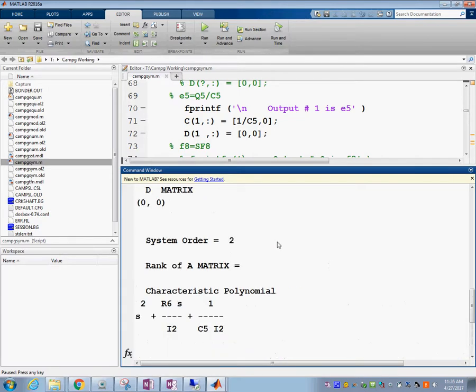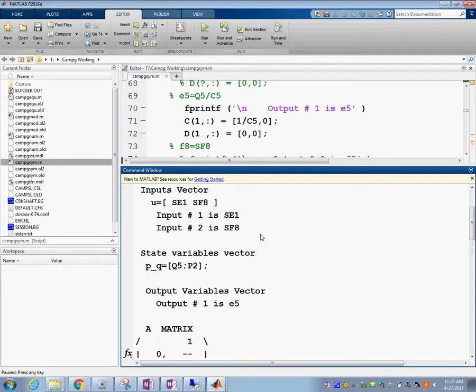Let me show you here. The computer program is telling you input number 1 is SE1 and input 2 is SF8. So depending on what transfer function we want is what we will get here.